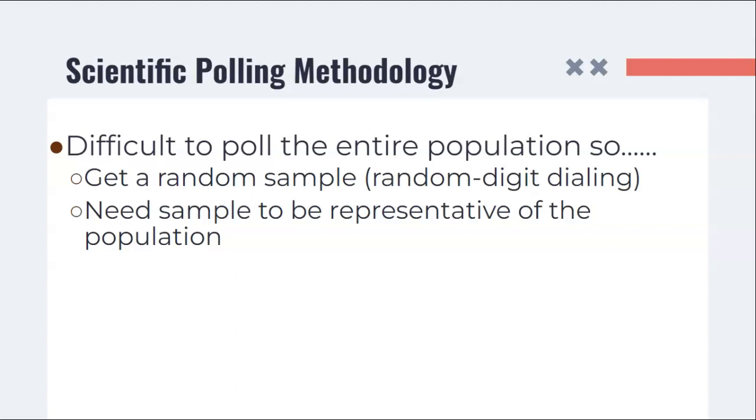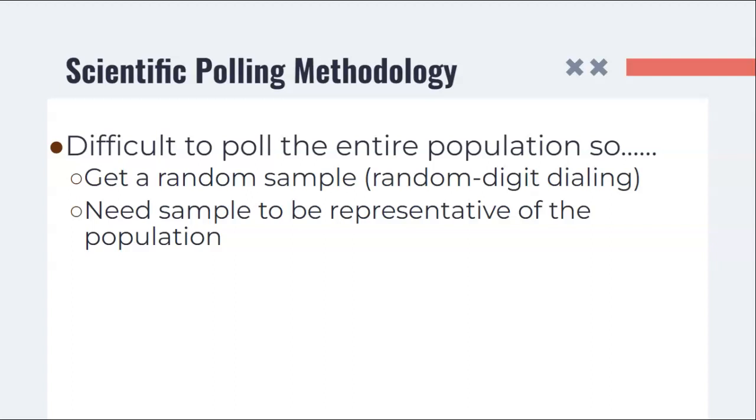Typically, what we use here is random digit dialing. A computer system will actually pull all of the phone numbers within the United States, and it will randomly dial them to reach out and contact people. Again, the goal of a random sample is to ensure that your sample is representative. You want to make sure that the people who are answering the questions represent the whole, so that they have equal demographics.